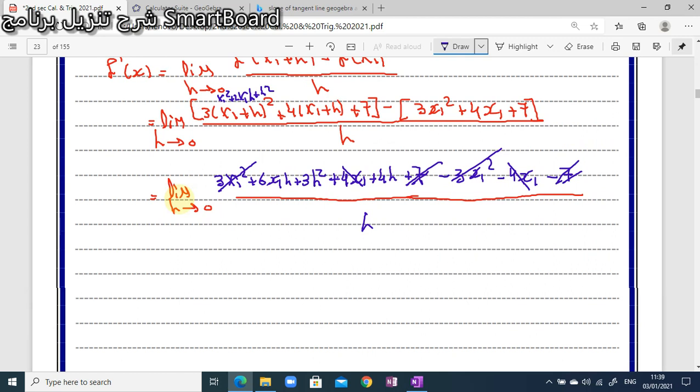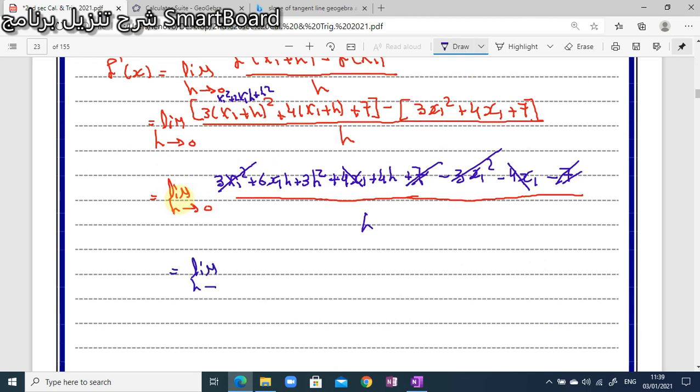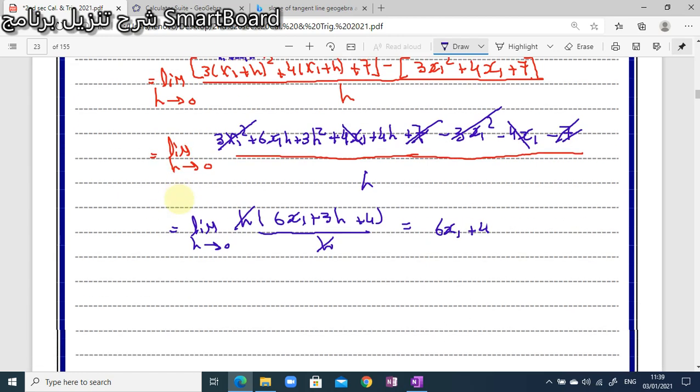Take h as a common factor. So the limit as h approaches 0, h common factor, it will be 6x1 plus 3h plus 4, all over h, cancel h with h. So as h approaches 0, by substitution h equals 0, it will be 6x1 plus 4. This is the first derivative.